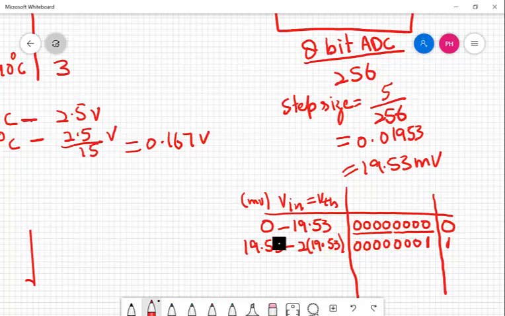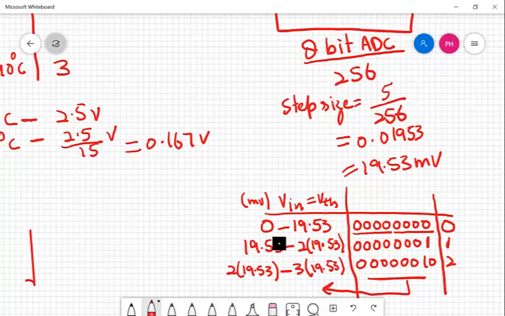And when the input will be between twice 19.53 to 3 times 19.53, I'm not doing exact calculations here because we don't need them, output will be 2, that is 0 0 0 0 0 0 1 0. And this output we are actually feeding to our microcontroller. Is that okay?